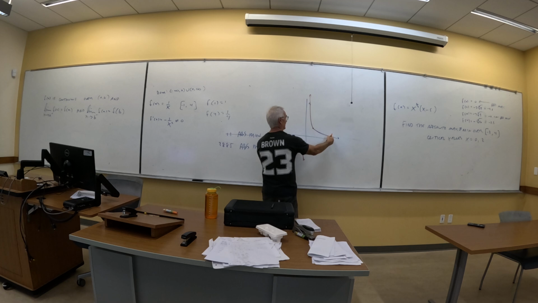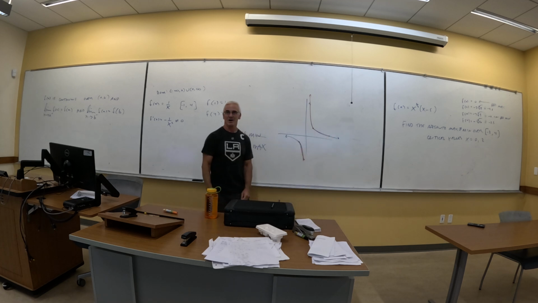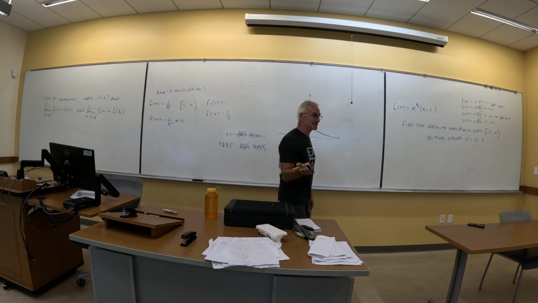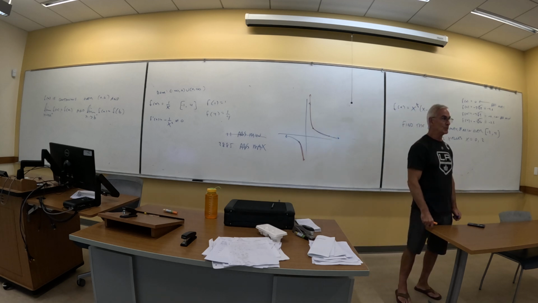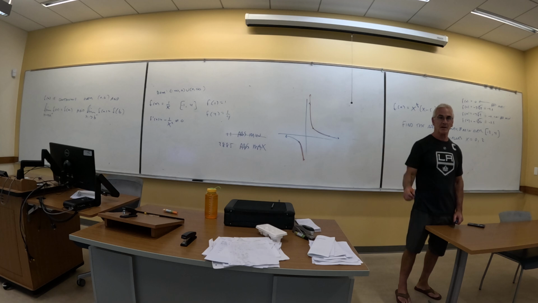I said from here to here, didn't I? Is there a high? No, it goes forever. Is there a low? No, it goes forever. But wait a minute, I thought I was guaranteed. Infinity is not a max. It's not a value, right? It's a destination. Would you agree there's no absolute max or absolute min in this case?